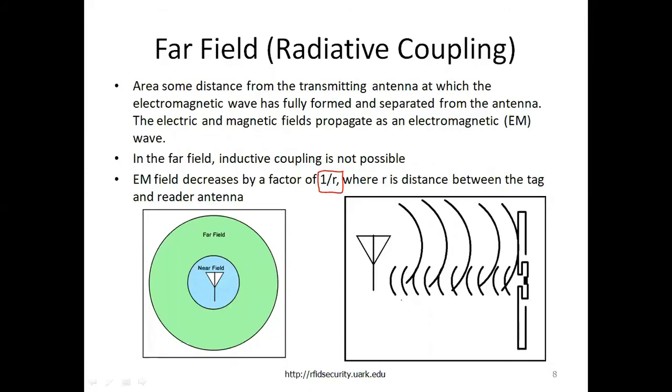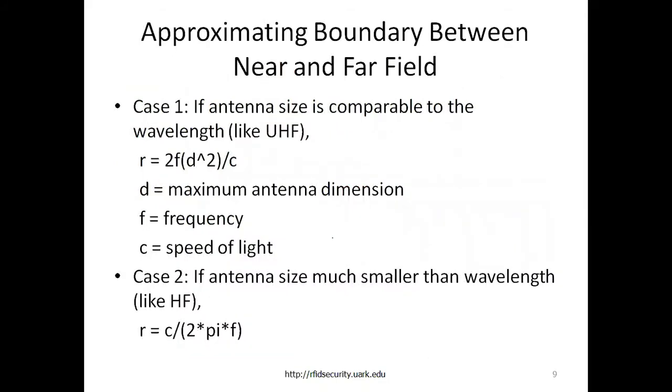So the distance between the tag and reader is what we call the radius, or the distance between the transmitting and receiving antenna. There is also an approximate boundary between the near field and far field. There are two cases. In case one, the antenna size is comparable to the wavelength, like ultra high frequencies, so the radius formula will be this one.